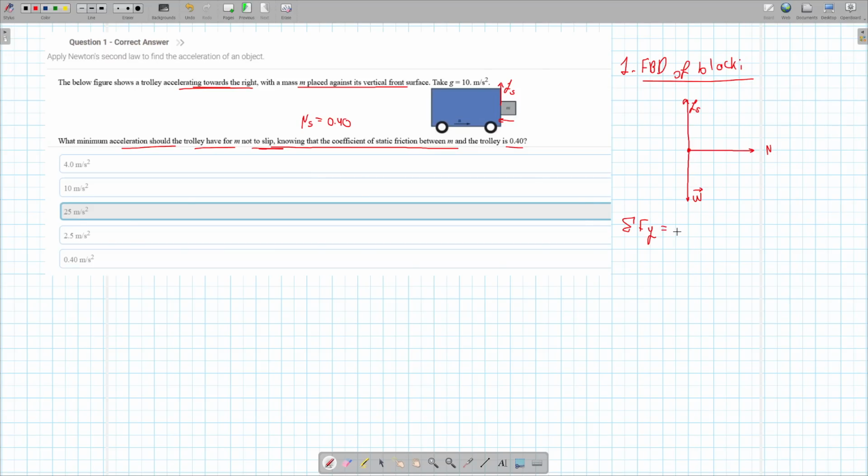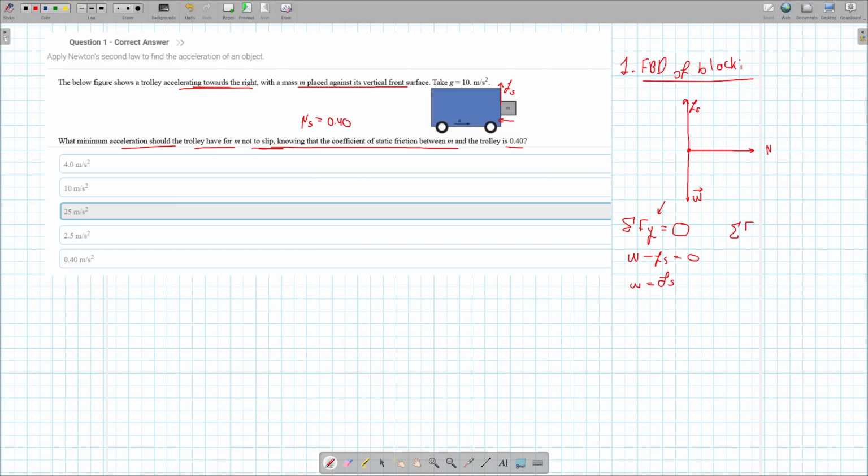So sigma Fy is equal to 0. The sum of all vertical forces is 0. So let's start with weight minus Fs, because it's in the opposite direction. W minus Fs is equal to 0. In other words, the weight is equal to Fs. This is always your first step.